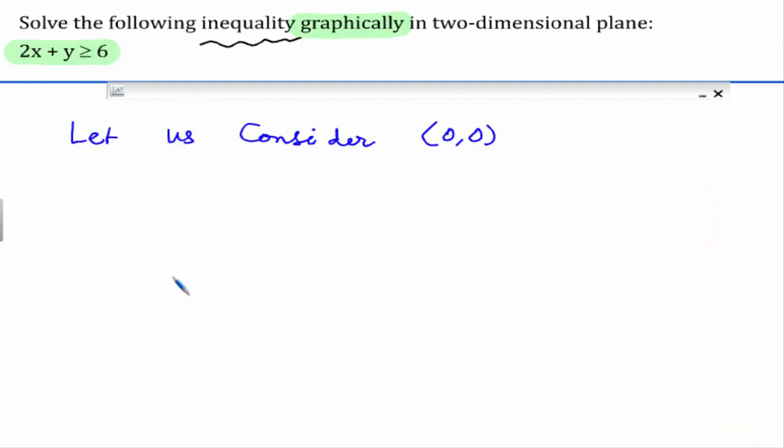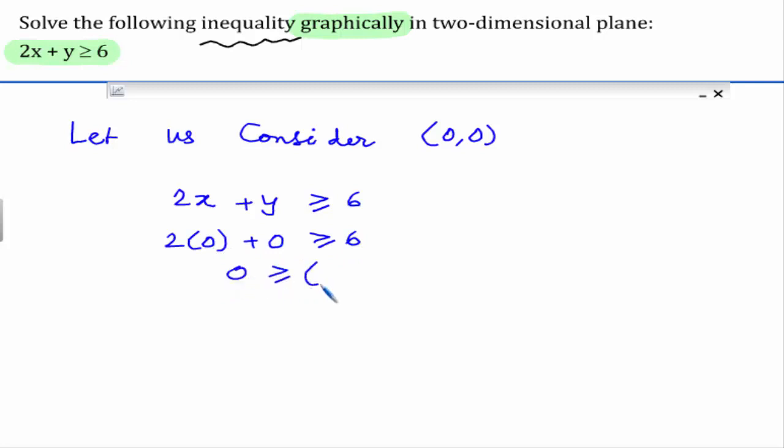Now the inequality is 2x plus y greater than or equal to 6. Now let us substitute the origin into this. 2 into 0 plus 0 is greater than or equal to 6. So this is 0 greater than or equal to 6. Now the statement which we got is a false statement.